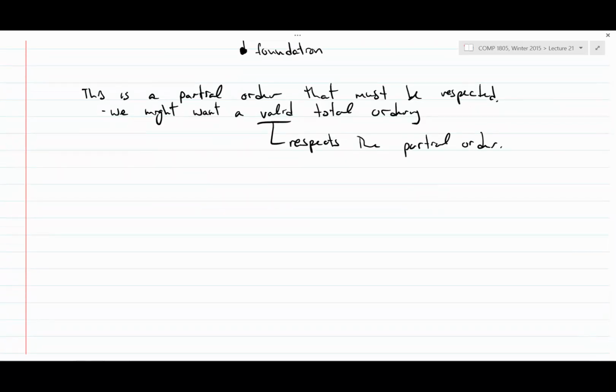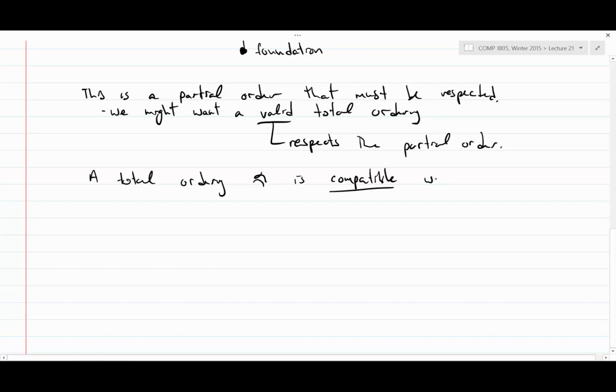All right, so to phrase this formally, for those who like formal definitions, a total ordering, which I'll denote like that, is compatible with a partial ordering, I'll call it R, if we have A is before B in the total order whenever A is before B in the partial order.